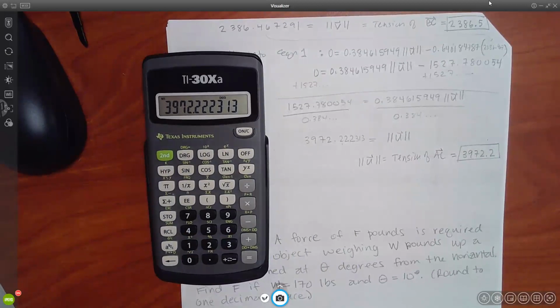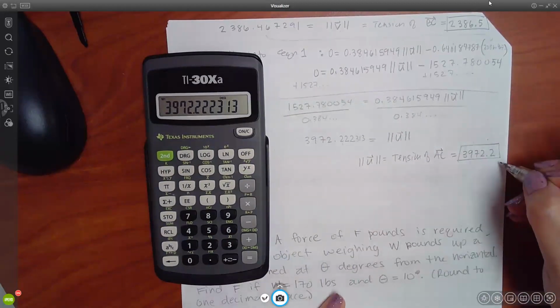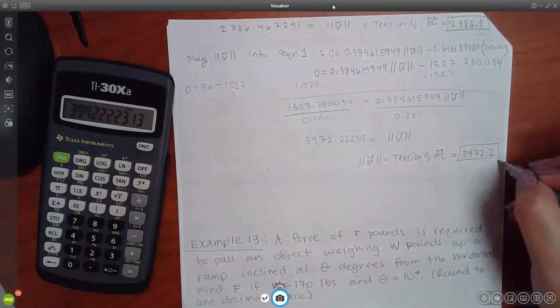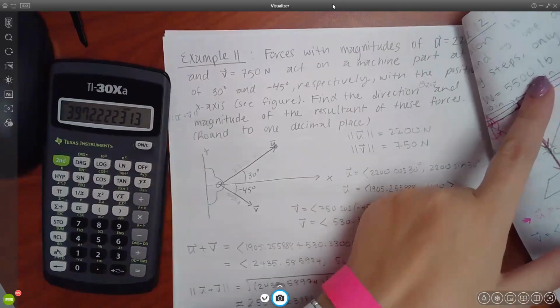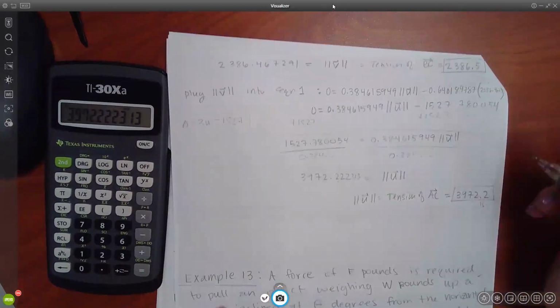Okay. And since tension is basically a magnitude, it is going to be in those, what was it? Was it newtons or pounds when they gave it to me? It was in pounds, right? 3W pounds. So these are both pounds.